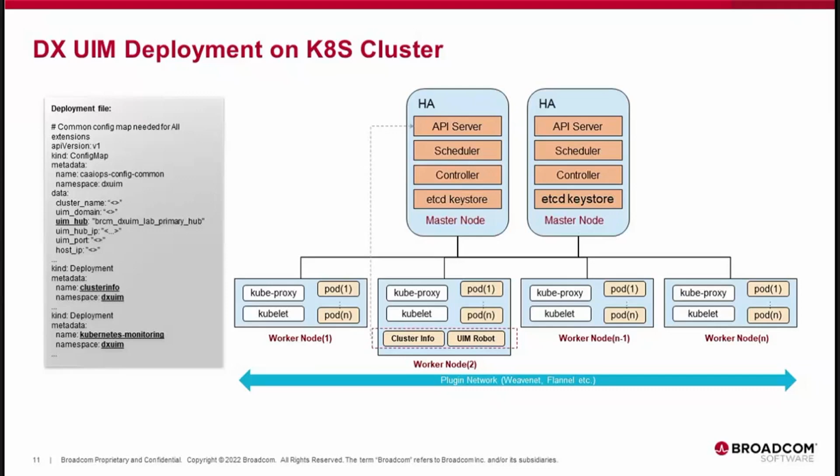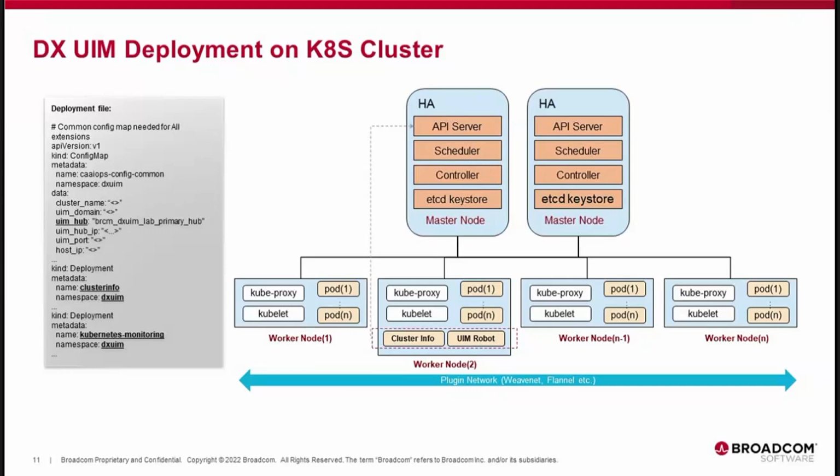But because we are dealing with the Kubernetes cluster and everything is running in containers wrapped up with pods, we are also providing an option to consider the UIM robot as one of the container images itself, right? So when we deploy this deployment file, two containers will be created: one is the cluster info, the second one is the Kubernetes monitoring.